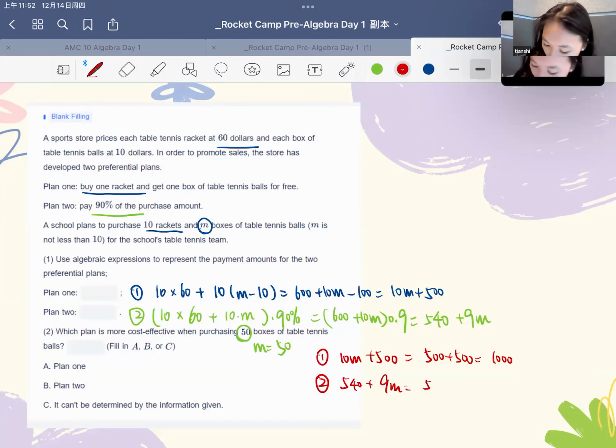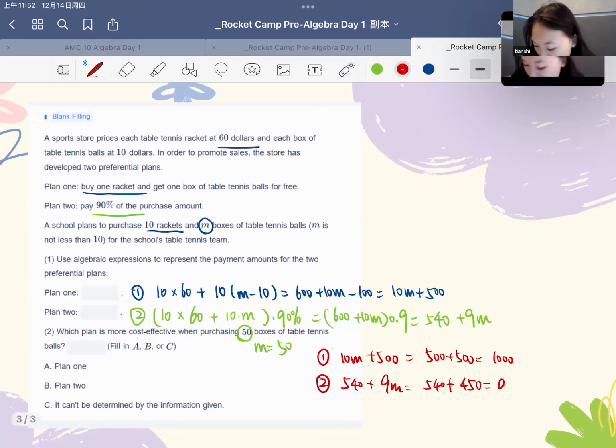So it's 540 plus 450. The answer is 990. So the payment for the second plan is smaller, which means that the second plan is more cost effective. So the answer for the second question will just be B.